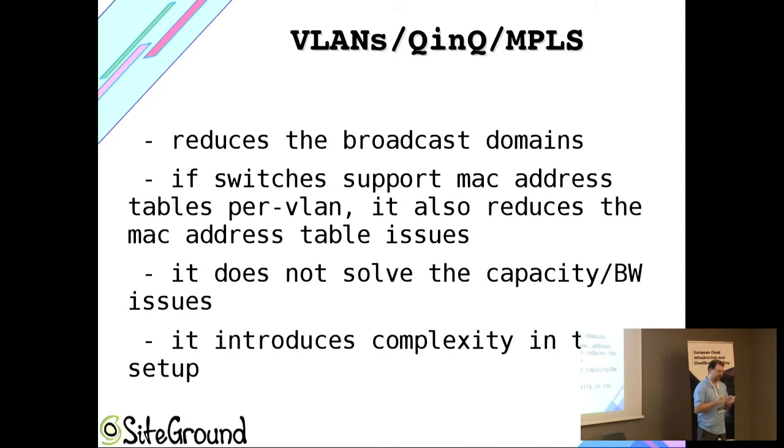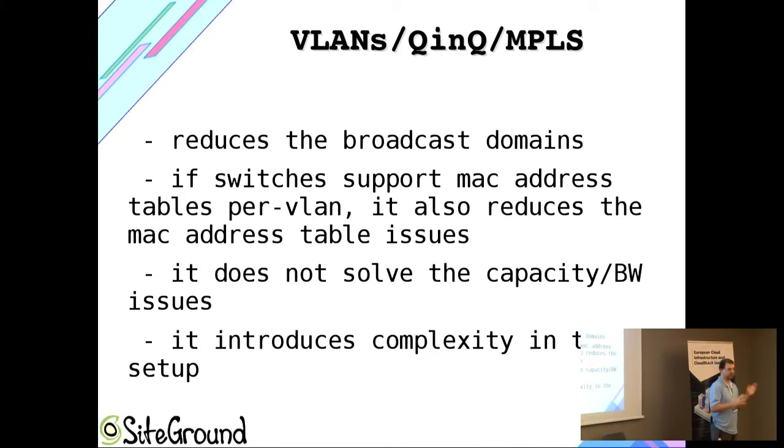The other problem is that not all switches support a per-VLAN MAC address table, which means that even though your switch has VLANs and your broadcast domain is smaller, you still have a MAC address table that is only 64K, which is a problem.